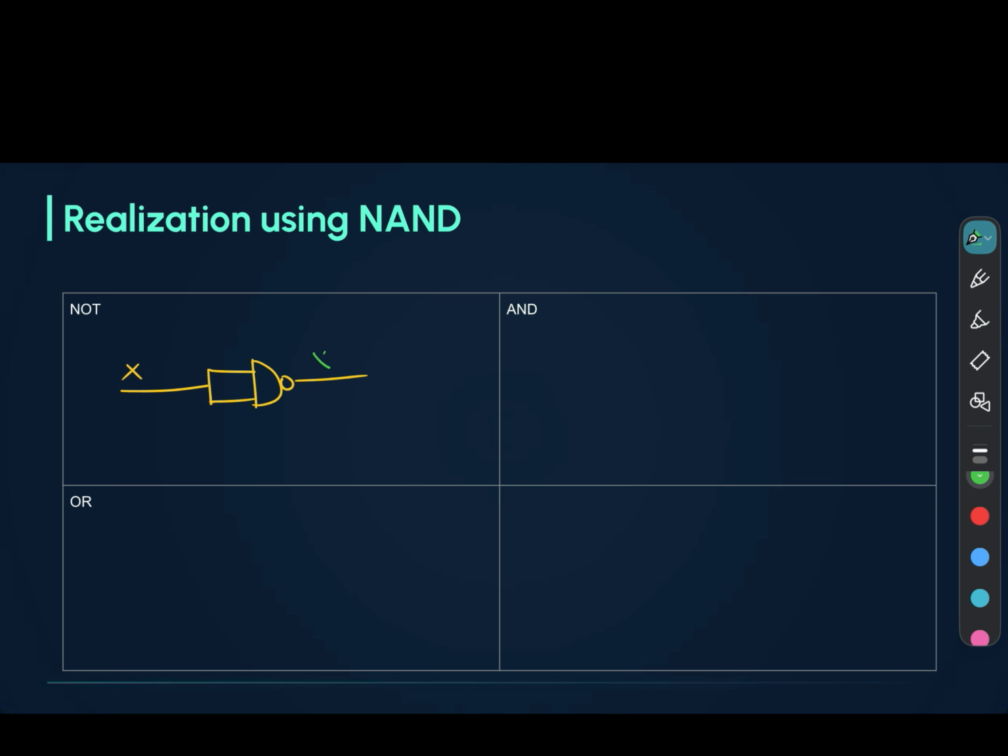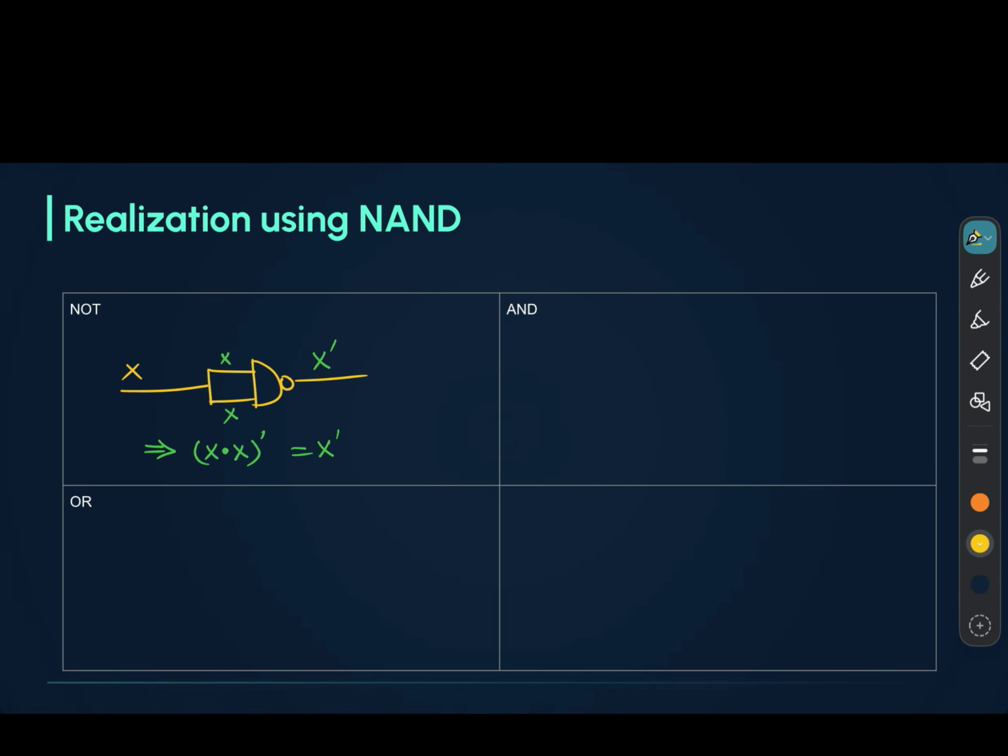What happens inside is simply this: both these inputs are X, right? So X dot X, the whole bar, is going to be X bar, and that's how you get your output. Now, let's move on to the AND part.